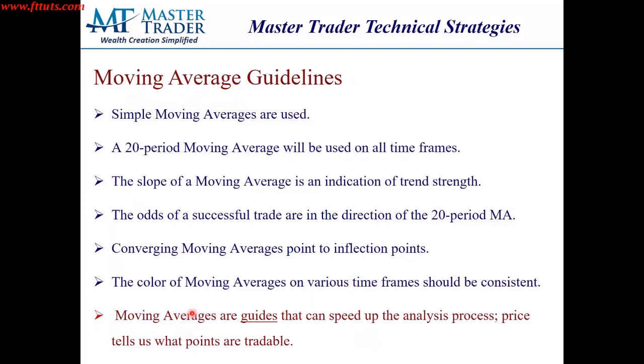So we want to keep the color of our moving averages the same and consistent, meaning because we use a 20-period moving average on all of our time frames, and I choose to use blue, when I see a blue line, I know that it's a 20-period moving average. Simple. So moving averages are guides. They help speed up the analysis process, but price tells us when to trade.